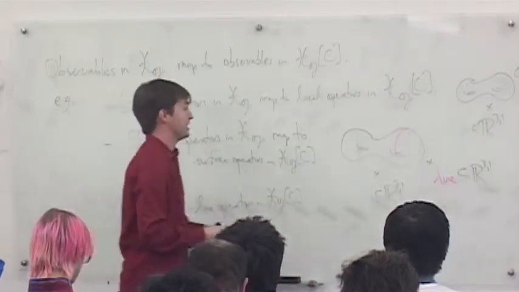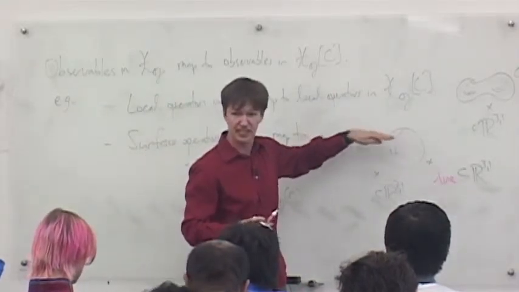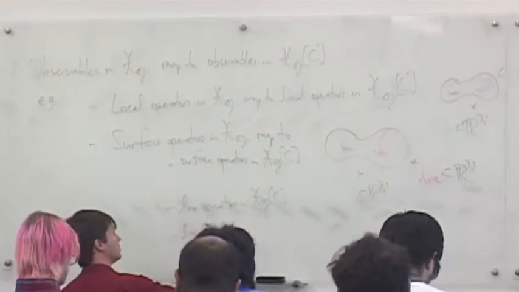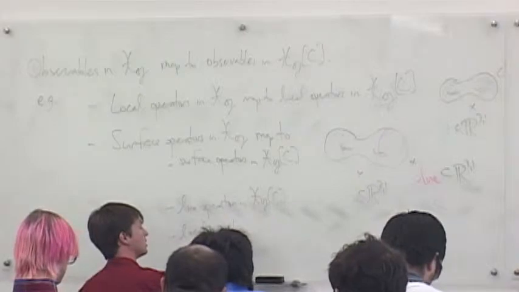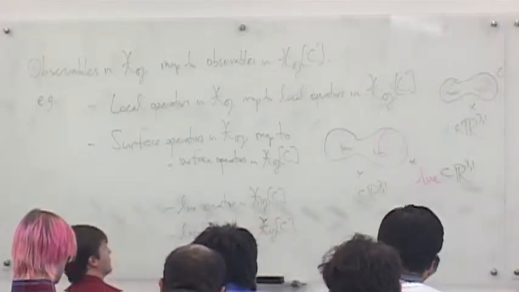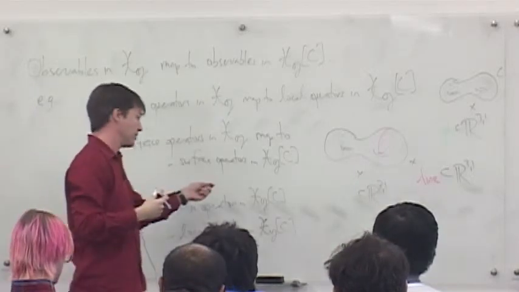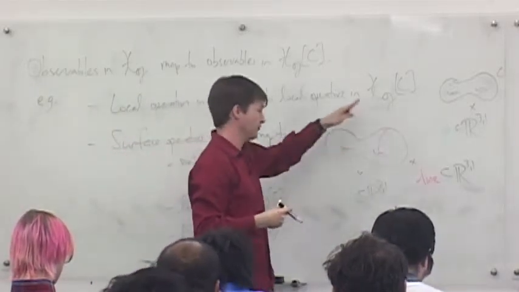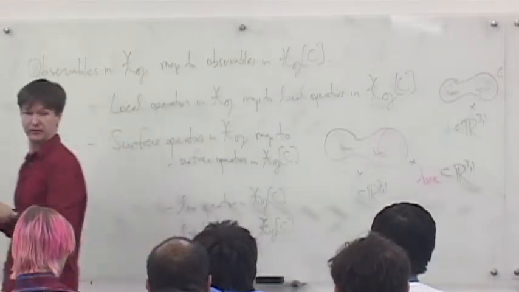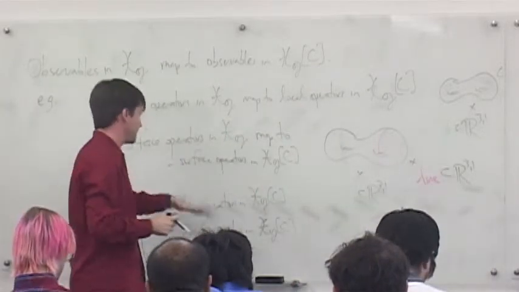And similarly, if I take my surface and just wrap it on the whole internal C, I could get a local operator in X_G of C. So a priori, I don't know much about this quantum field theory, but one thing I do know is it has a bunch of operators that come from the operators of the higher dimensional theory, just wrapped around the various possible cycles. OK, so I didn't say that they're supersymmetric.